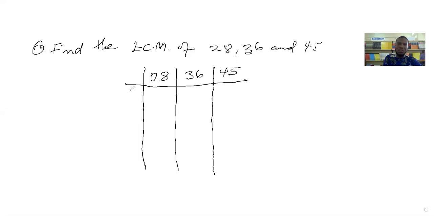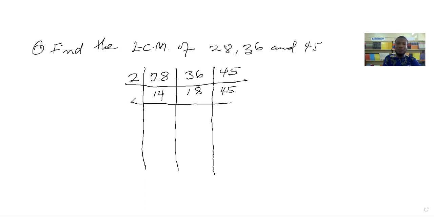So let's go. The least prime number we have is 2, and 2 can divide at least one or more of these. So we go quickly. 2 goes into 28 14 times, goes into 36 18 times. It cannot go into 45, so we repeat the 45.